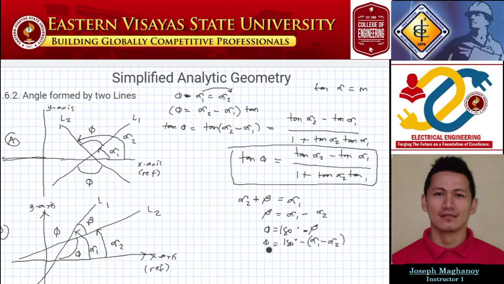Taking the tangent of both sides, you have tangent theta equals tangent of 180 minus alpha 1 minus alpha 2.